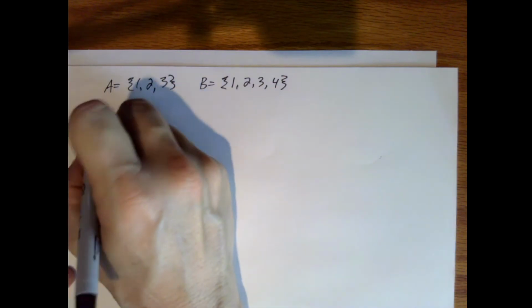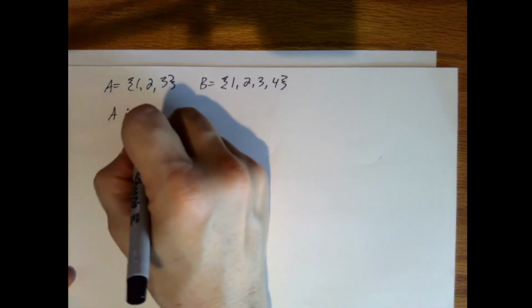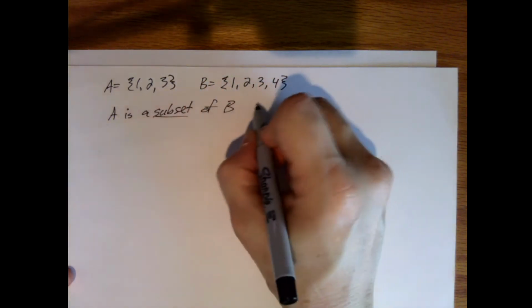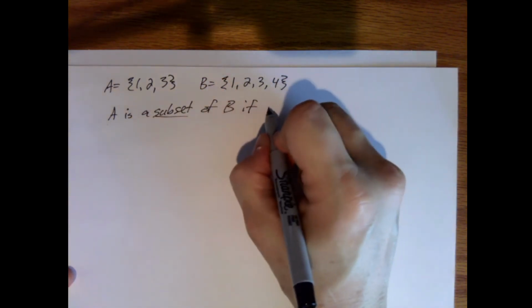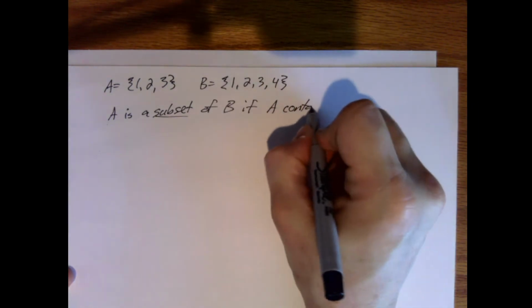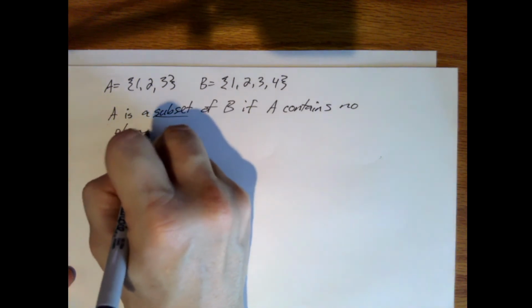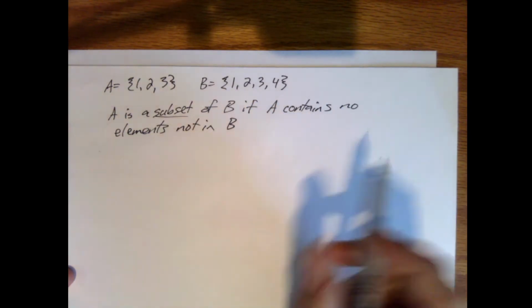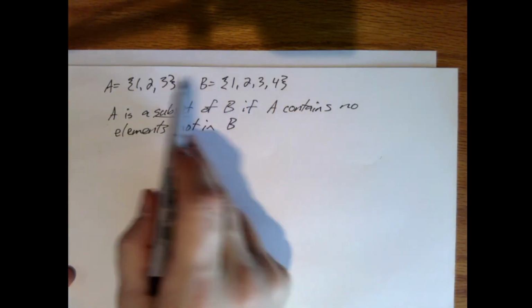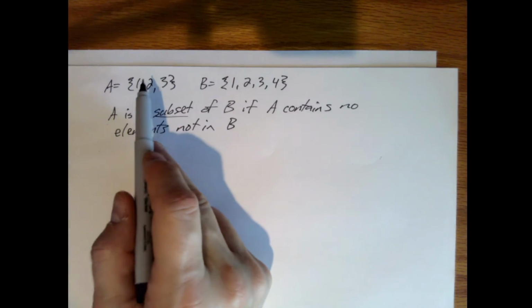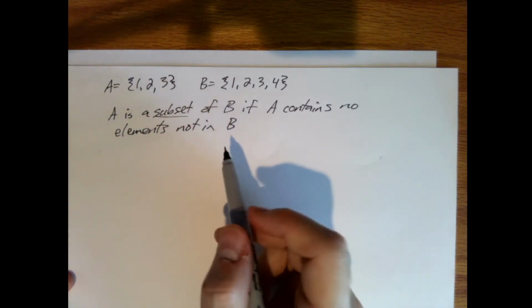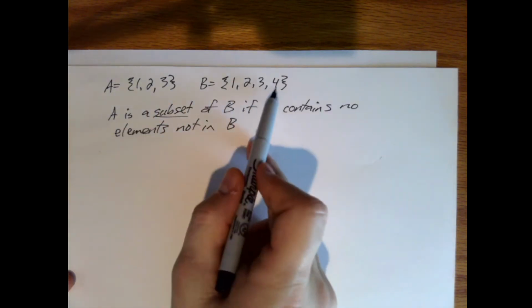So we can say here that A is a subset of B if A contains no elements not in B. 1, 2, 3. I just ran out of all elements in A. Every one of those is present in B, therefore A is a subset of B. Okay? But B is not a subset of A because it contains a 4.